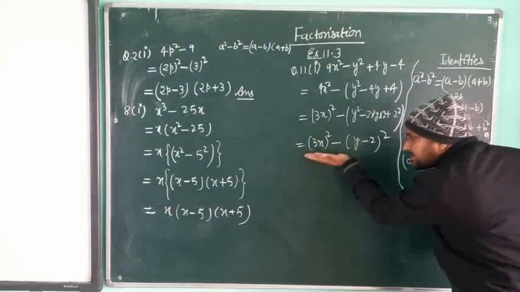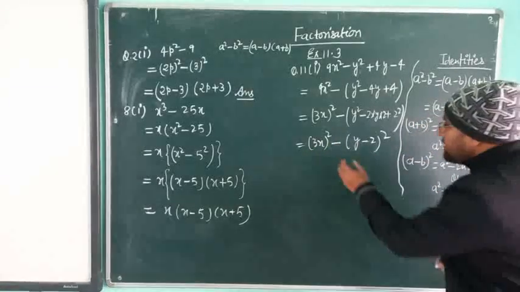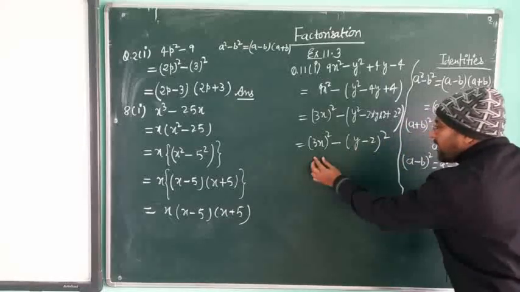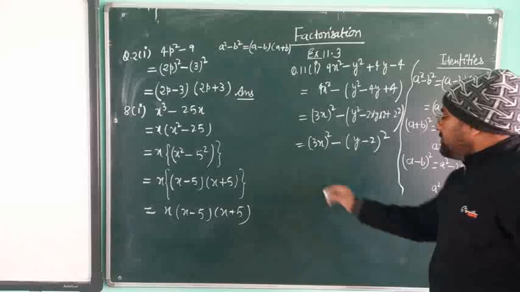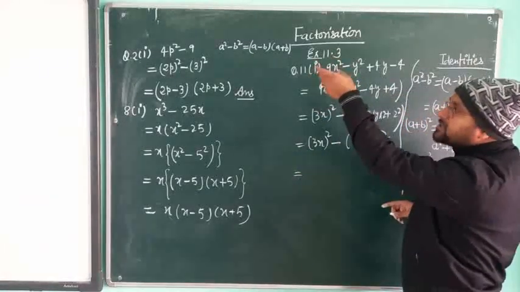So this is a square. Suppose 3x is a and y minus 2 is b. So a square minus b square, and we can use this identity.